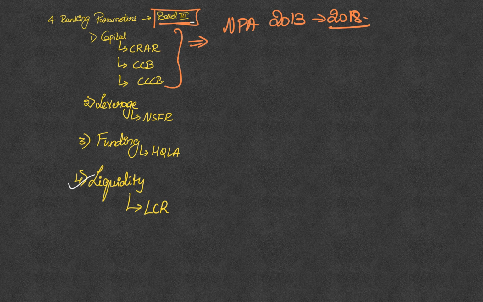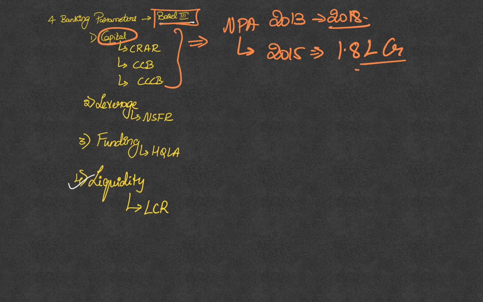So, in order to ensure that the capital is increased for further economic activity, in 2015, it was recognized that India's public sector banks require as much as 1.8 lakh crores for recapitalization. That is, infusing more capital into their accounts. Government should help them. This is the recapitalization program that government took up.